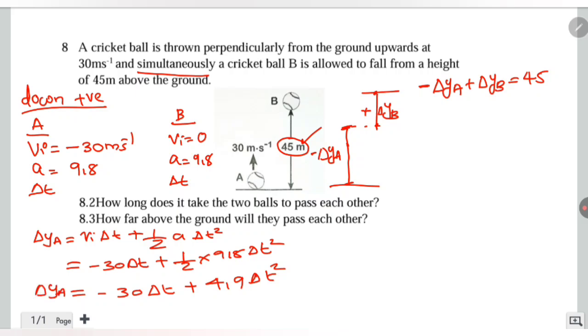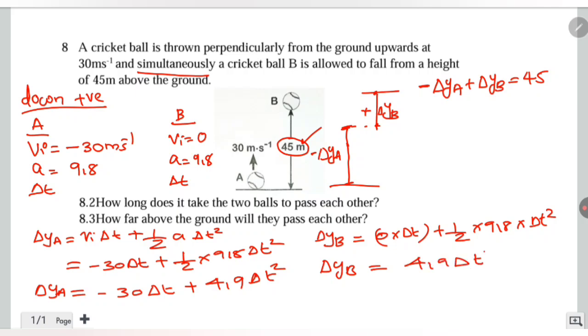Similarly, go for delta YB, using the same equation. Vi is 0 times delta t, plus half times 9.8 delta t squared. So delta YB: 0 times delta t is 0, then half of 9.8 is 4.9 delta t squared.